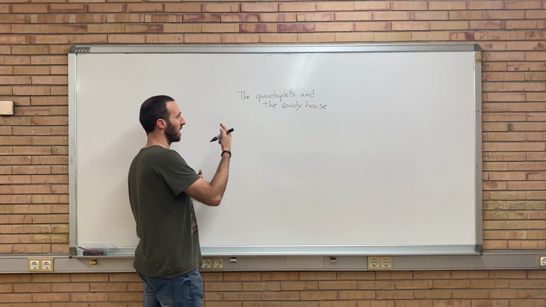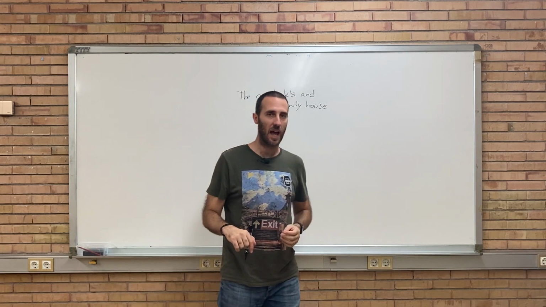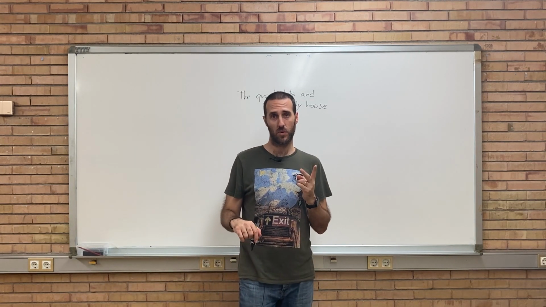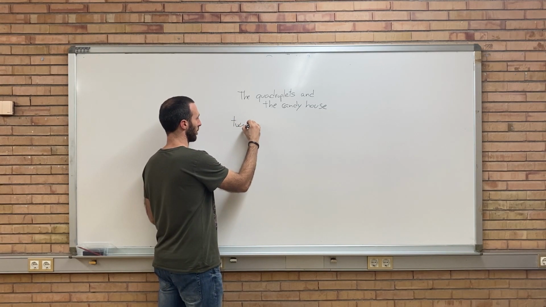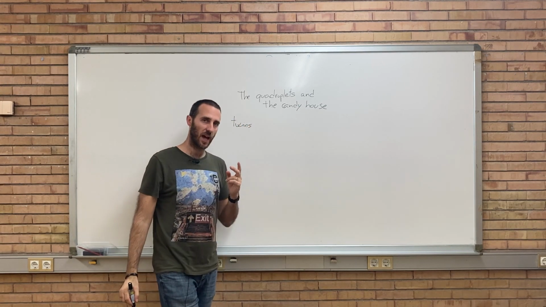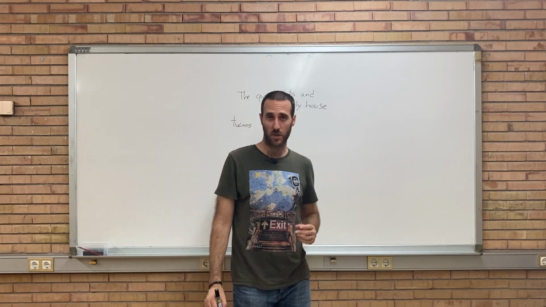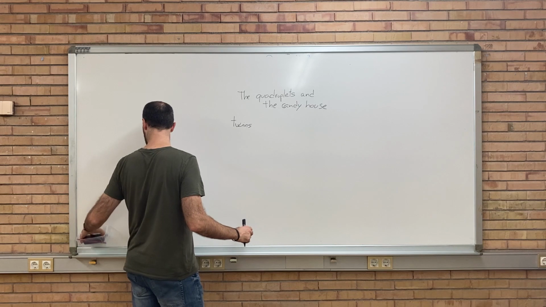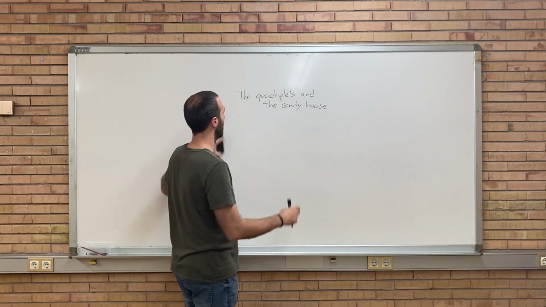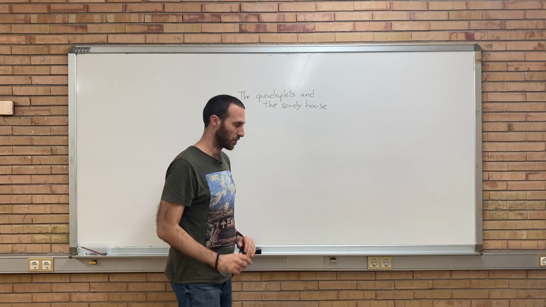If a family has 2 children, they are called twins. If they have 3, they are triplets, and if they have 4, they have quadruplets. Okay, quadruplets.